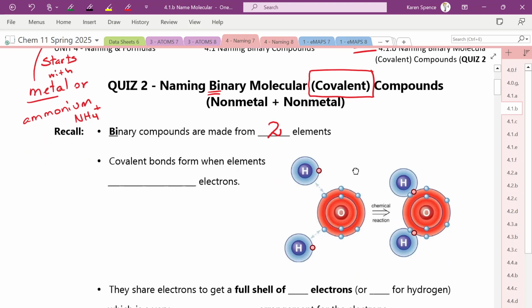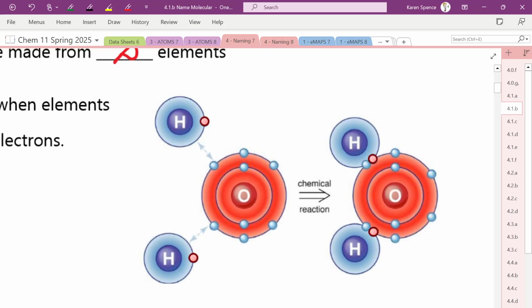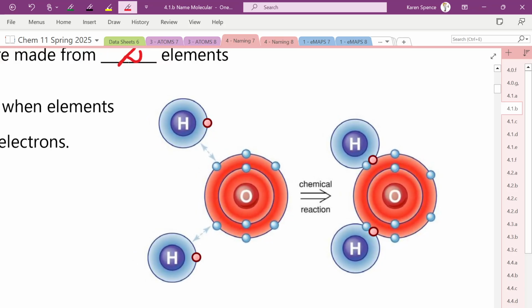Covalent bonds form when elements do what with their electrons? Share. What does that look like? Well, here is, again, this is only showing the valence shell in the other one. Here's hydrogen. It has 1 electron. How many does it take to fill the first shell? First shell needs 2 electrons.